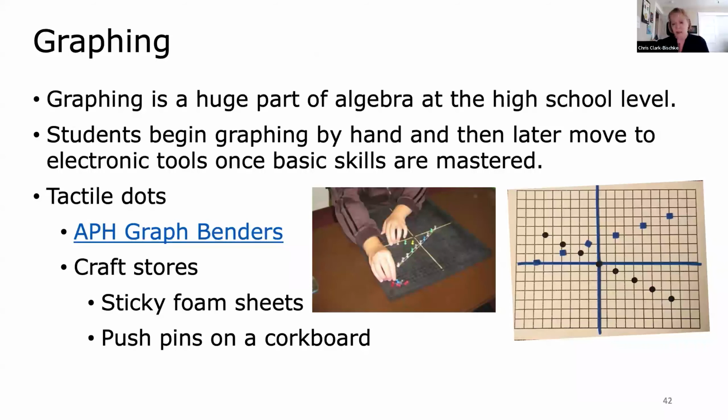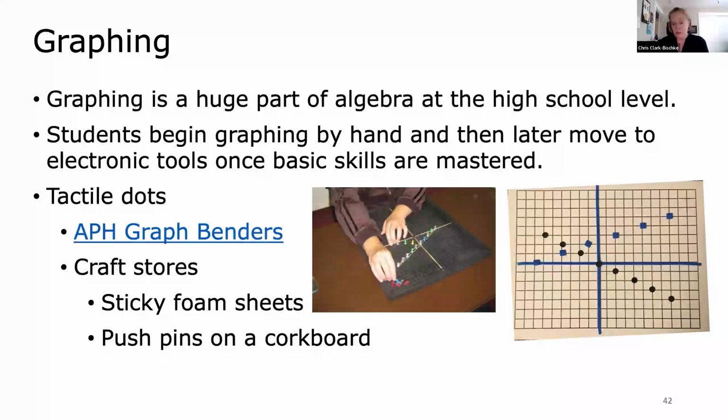Graphing is a fun way for students to compare, contrast, and identify different lines and where these lines intersect. Our students need to be able to experience graphs as well. You can go back to the generic cork boards and push pins with rubber bands.